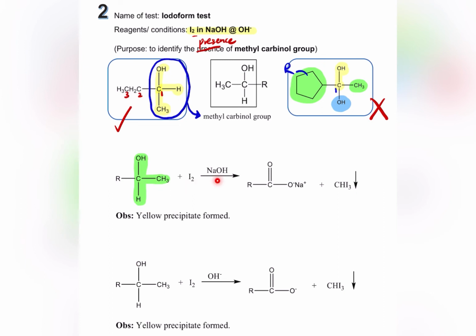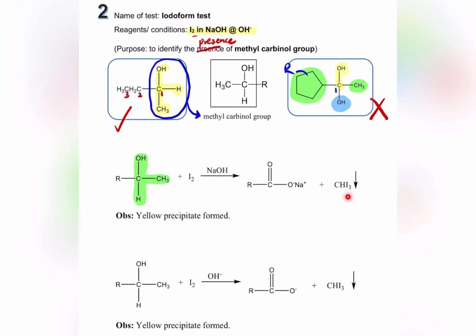On top of the arrow is NaOH. So what will happen is you will form this carbon that has the alkyl group, which stays as it is, and for the next one, the hydrogen from OH and the hydrogen from here, you have to take them out. So you will form a double bond here, and the bond for CH3 will be bonded to O minus, Na plus, plus CHI3.